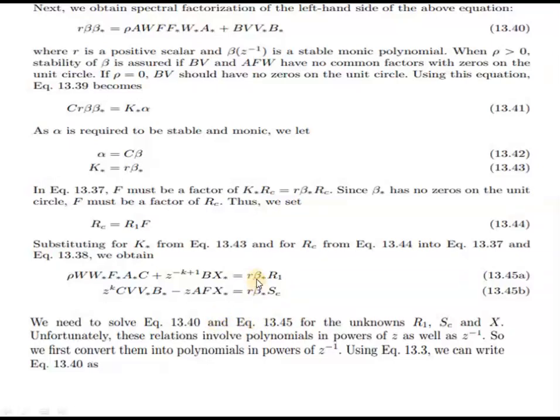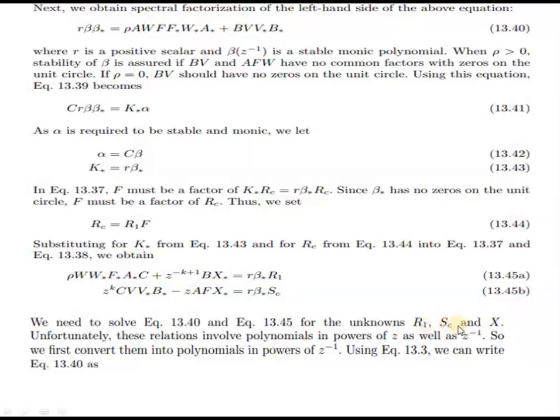Now from these equations we have to solve for r1, s c and x. We have to find these unknown polynomials, and to find them we use these three equations.